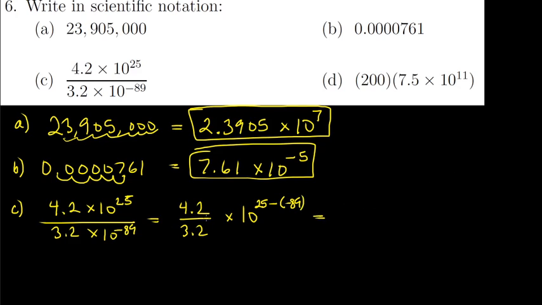So 4.2 divided by 3.2. So if I multiply by 10, I just get 42 over 32. And if I divide by 2, I get 21 over 16. But I think at this point, I'm just going to use a calculator. So 21 divided by 16 is 1.3125.